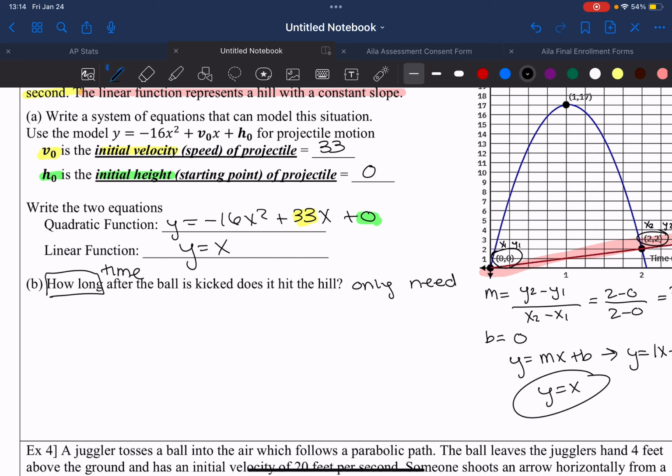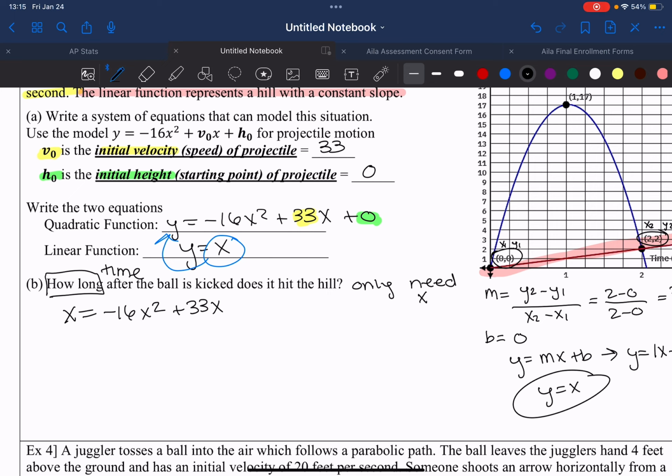On the front side of this, we were solving these nonlinear systems of equations by setting them equal to each other, because they were both equal to y. We're going to do the same thing here. We're going to take this y equals x and plug this x into the y up here. So I have x is equal to negative 16x squared plus 33x.